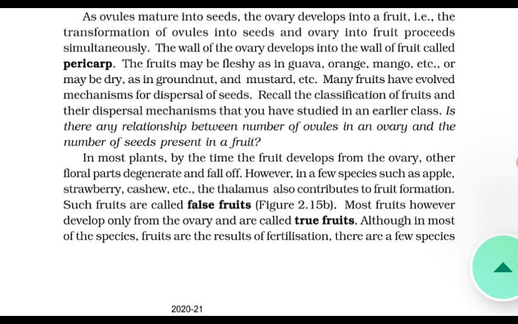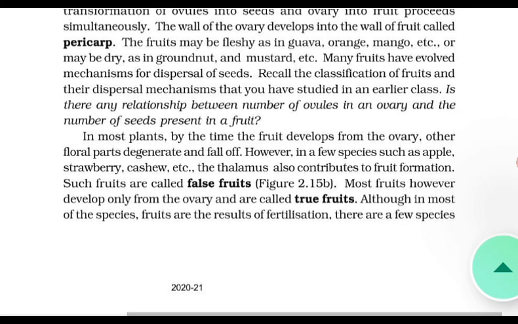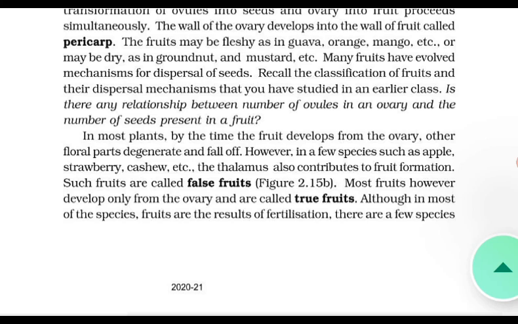The portion of the embryonal axis above the level of the cotyledons is the epicotyl, which terminates with the plumule or stem tip.